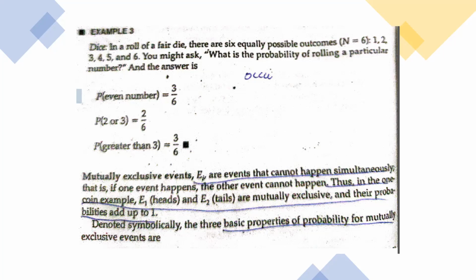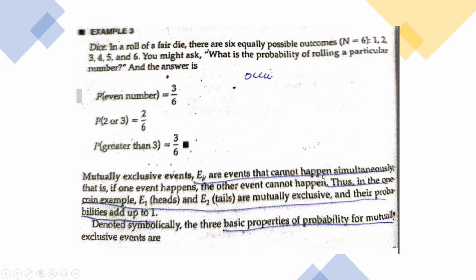The probability of having an even number would be 3 by 6. There are 3 even numbers, 2, 4, and 6. The probability of 2 or 3 would be 2 by 6, and the probability of greater than 3 would be 3 by 6: 4, 5, 6. So there would be 3 by 6.